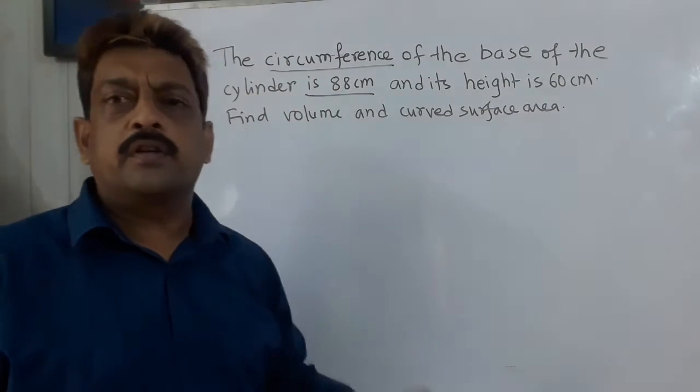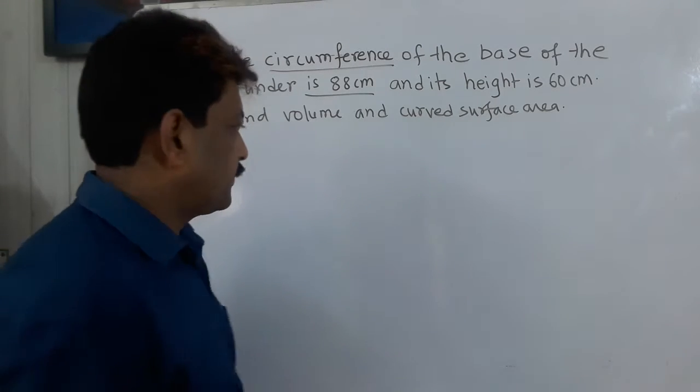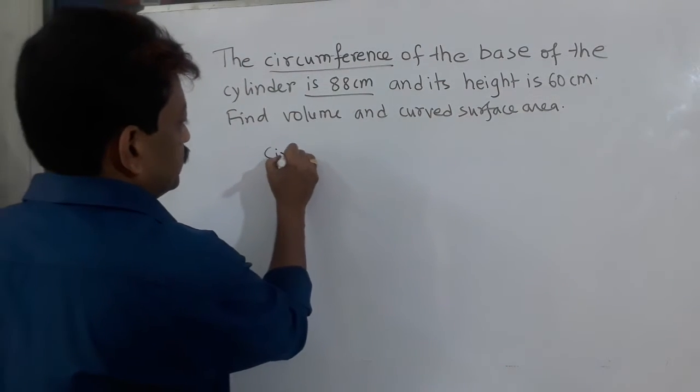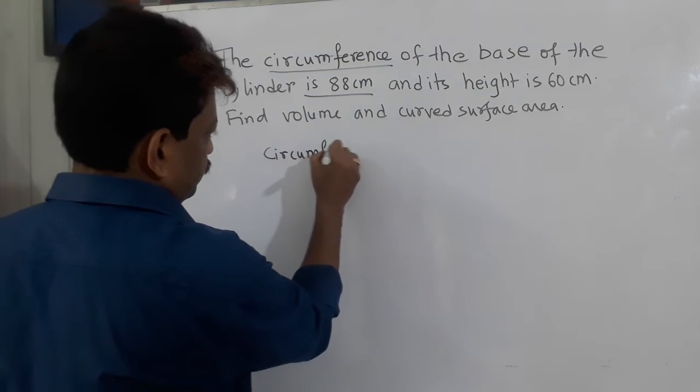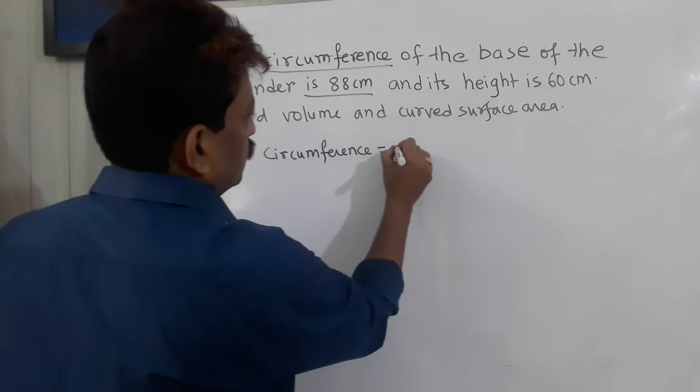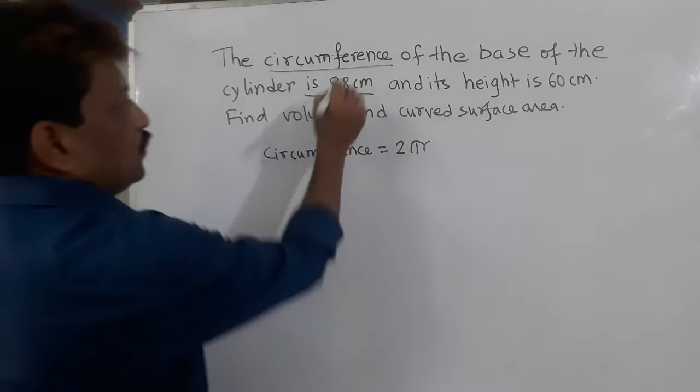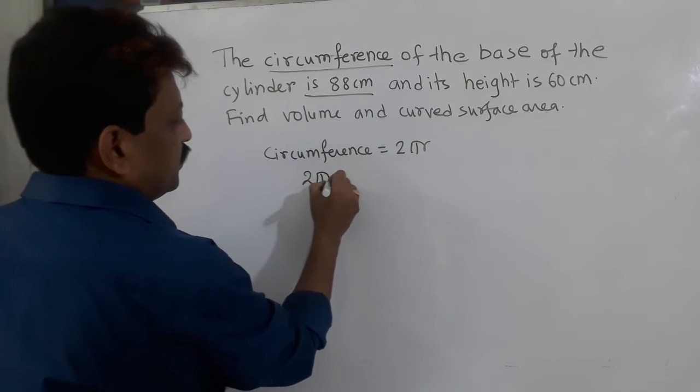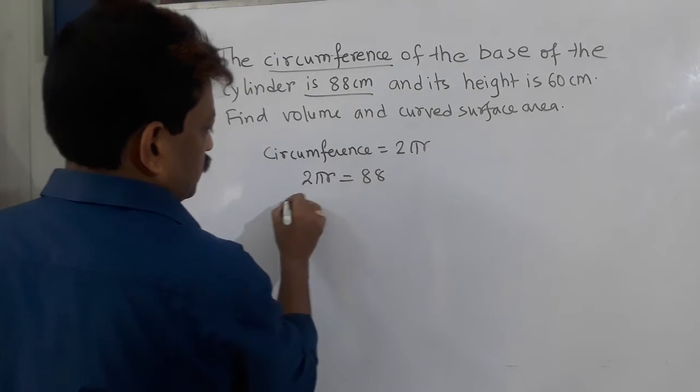Now with the help of circumference we can calculate the radius. So we all know circumference equals 2 pi r. So the value of 2 pi r is given as 88 centimeter.